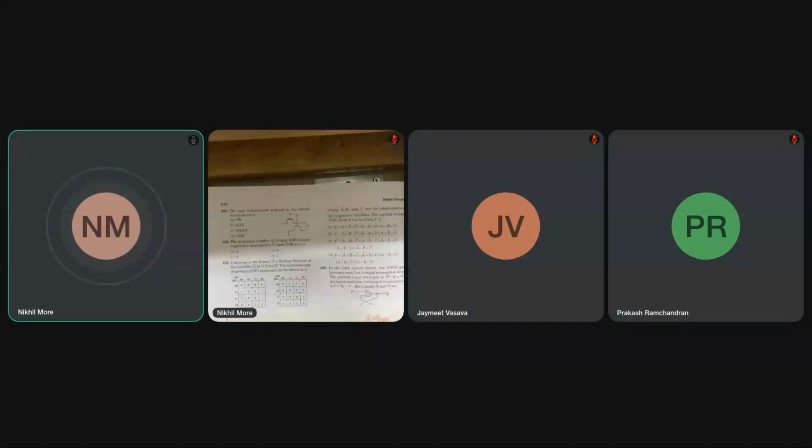I'm just copying the question again in this schema that we have created.